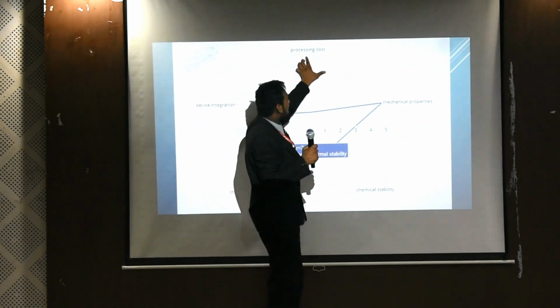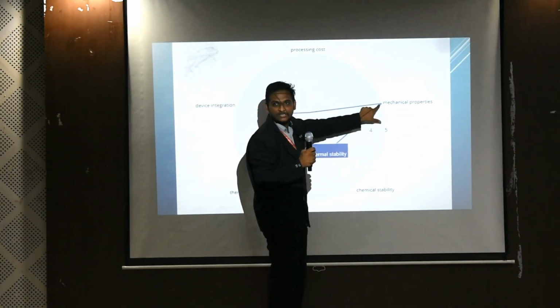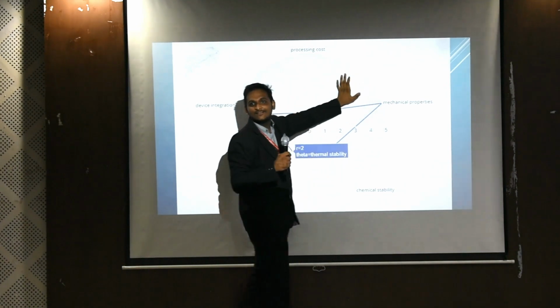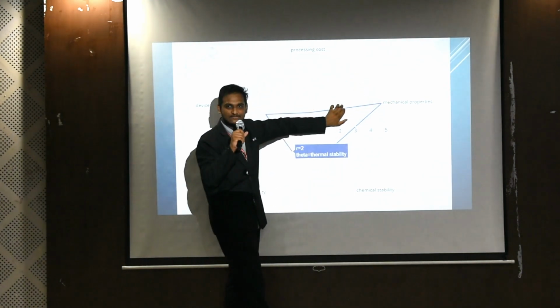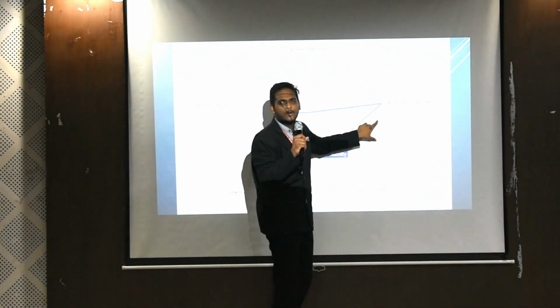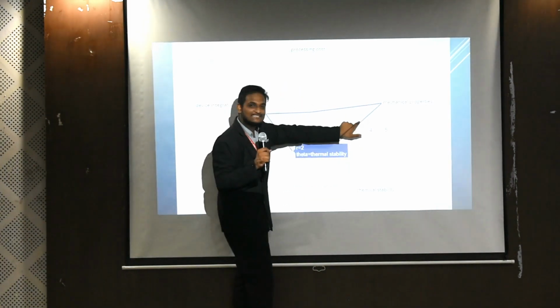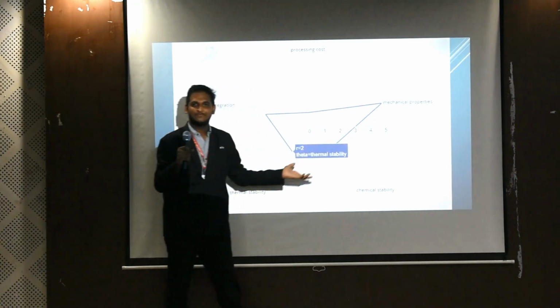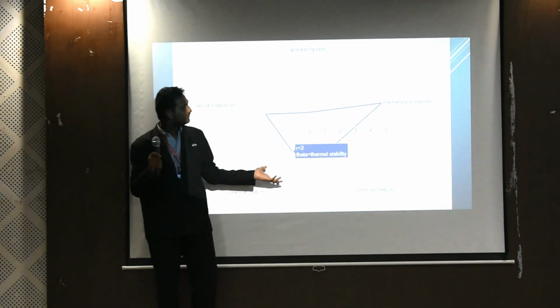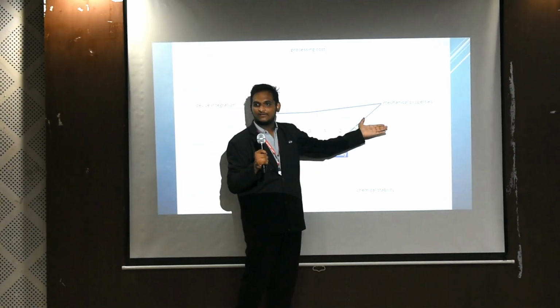Okay. If this is the one, processing cost up to here, no? If this is 1, this value will be some 10% estimate, and mechanical properties some 5%. 1 and 2. If I change the index, this is 1, this is 2, the value will be the same, no? It will be like this only, no?